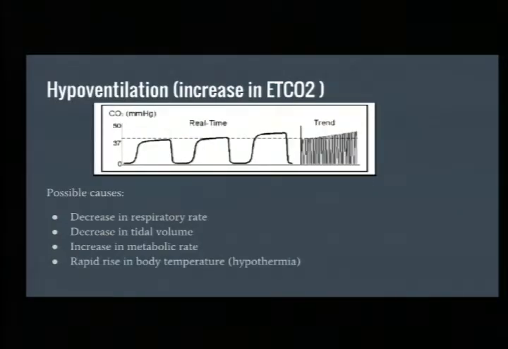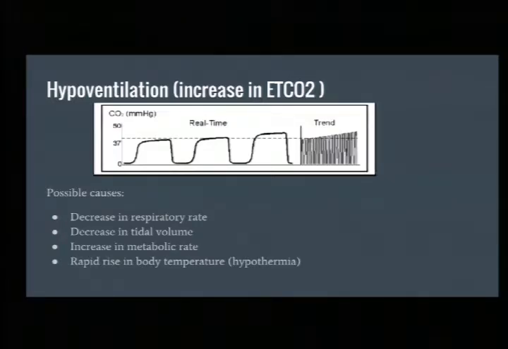So hypoventilation. So a decrease in your respiratory rate, decrease in your tidal volume, not taking in big breaths, increase in metabolic rate. All of a sudden, they need more energy, or you have return of your perfusion, if their CO2 is clear down here, in the 10-20s, and all of a sudden now it's up here, versus it was at normal and now it's increasing.